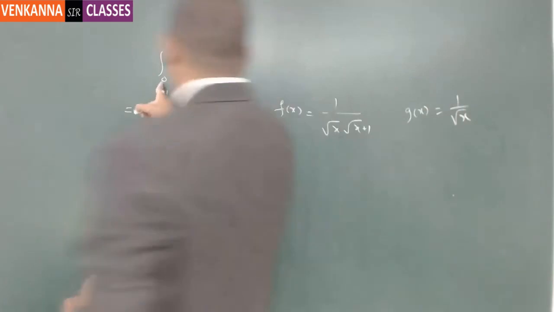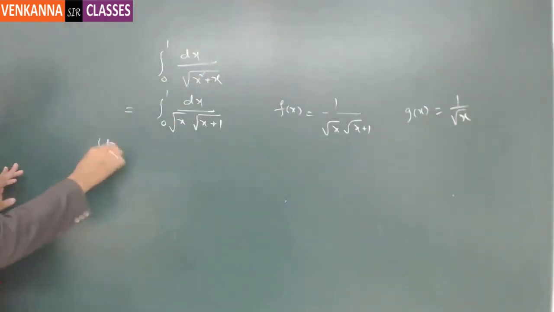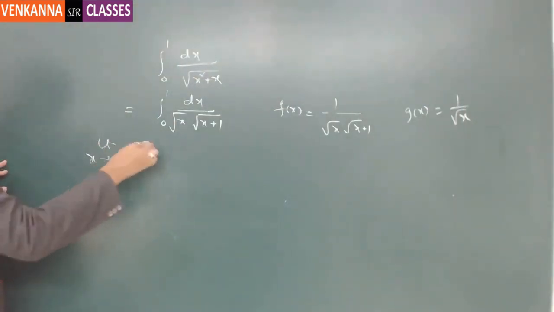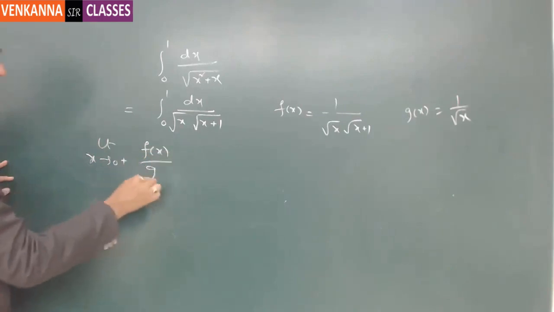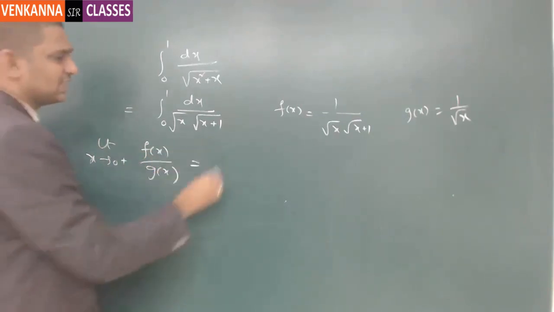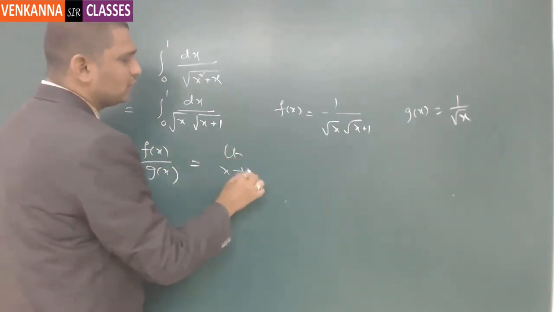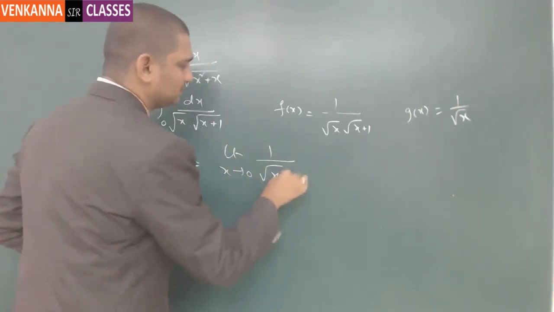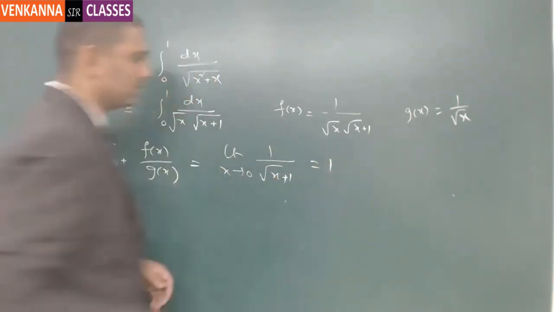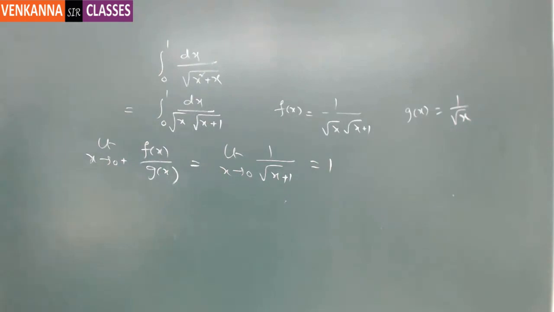Since 0 is the point of discontinuity, we will consider the limit as x tends to 0 plus of f of x by g of x. So this is nothing but the limit as x tends to 0 of 1 by root of x plus 1, and it is nothing but 1. Please check that. The function which is giving the undefined value, we take as another function g.